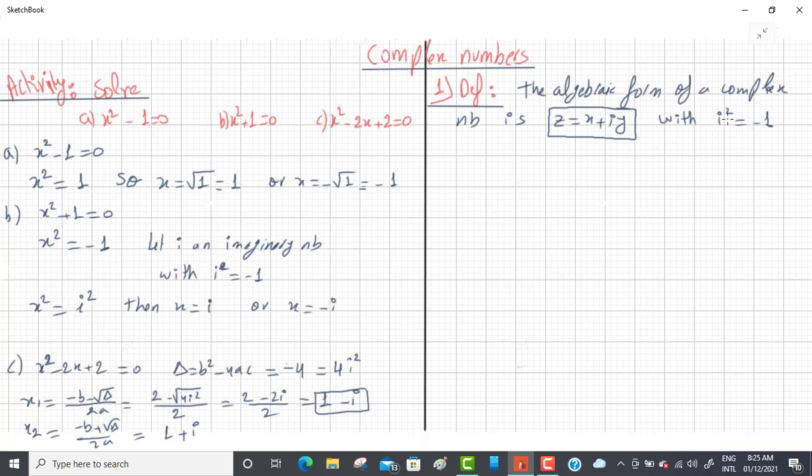In the American system, they don't write it like this. They write radical of minus 1 equal i. Okay, i squared equal minus 1.